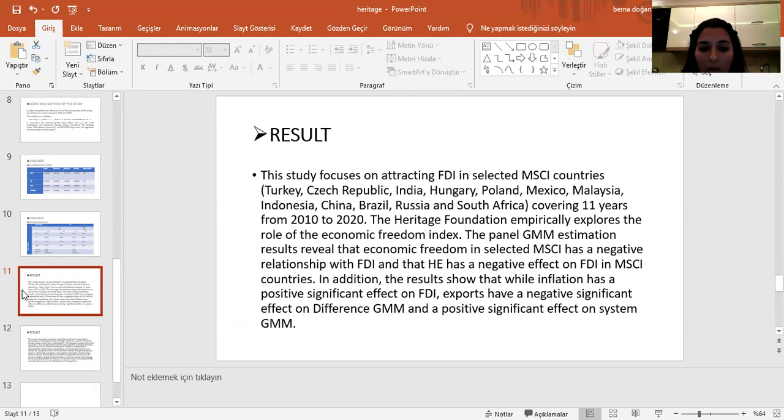The panel GMM estimation results revealed that economic freedom in selected MSCI countries has a negative relationship with FDI, and that HA has a negative effect on FDI in MSCI countries. In addition, the results show that while inflation has a positive significant effect on FDI, exports have a negative significant effect on difference GMM and a positive significant effect on system GMM.